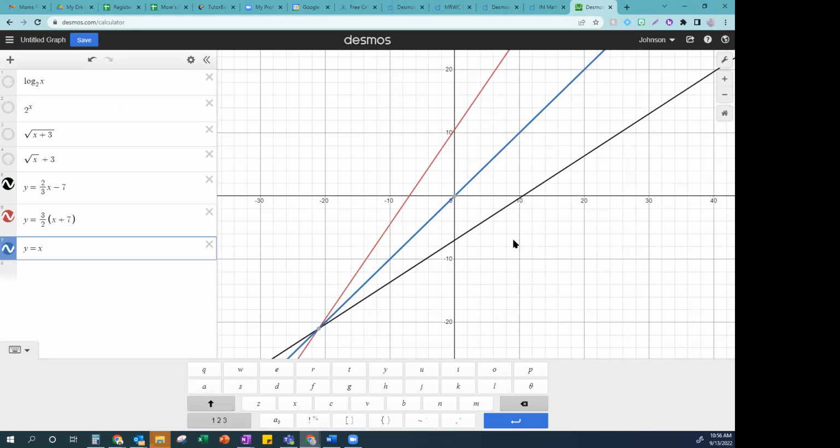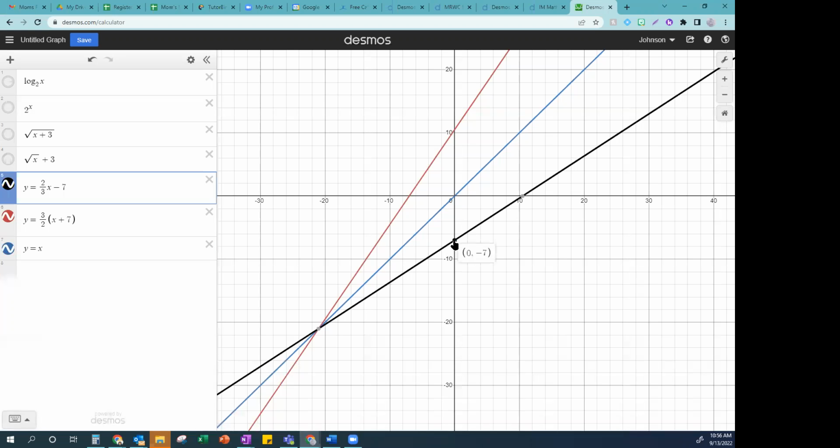Earlier, we talked about how I need to find a good point. Where's a good point? That's a good point, but that one they share, so I don't like that one. 0, -7. So here's 0, -7, right?